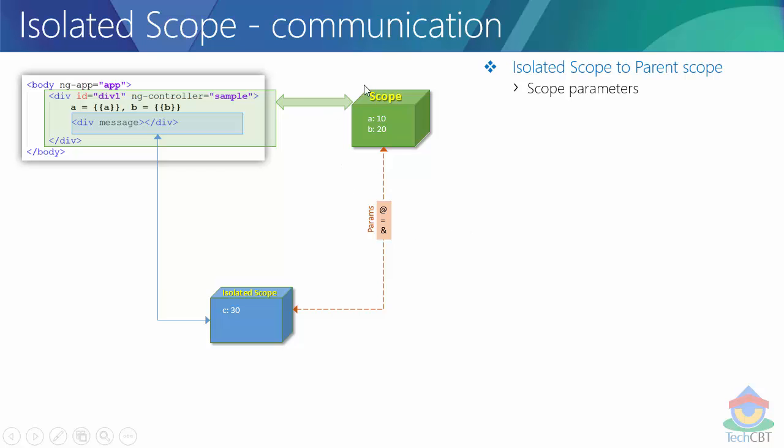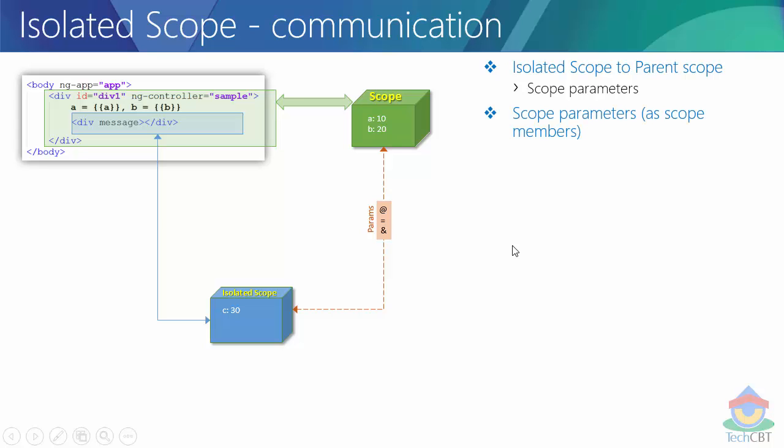Similarly, if I would like to execute some function in the parent right from the isolated scope, you can do that. And if I would like to send some values from the isolated scope back to the parent scope, you can still achieve that. All of that you can achieve through scope parameters. You can see I mentioned the @ symbol, the equals symbol, and even the ampersand symbol. These are three different types of scope parameters which can be provided whenever you are defining an isolated scope. So let us check each of them.